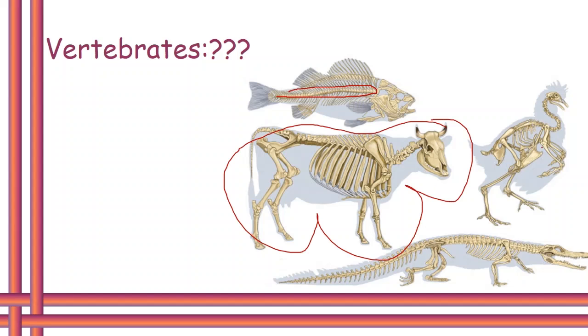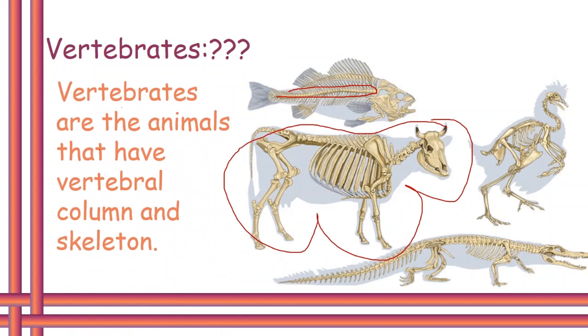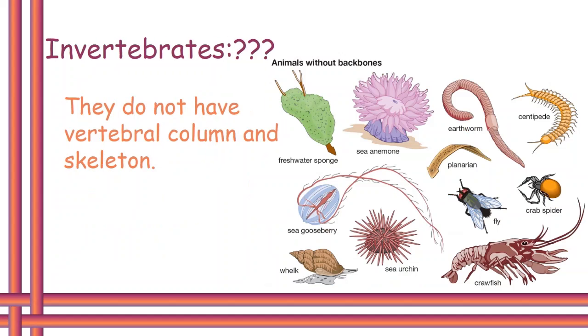So the vertebrates are the animals that have vertebral column and skeleton. This is the definition of vertebrates.